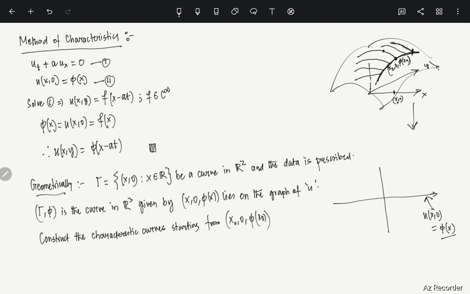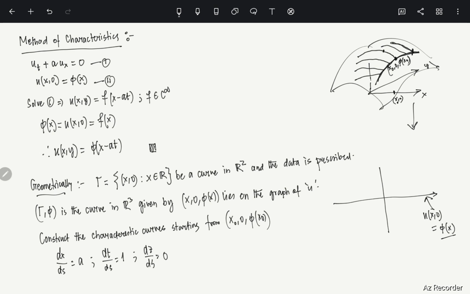Okay, so essentially what are we looking at? What is the characteristic equation? The characteristic curve solves this equation, right? dx by ds in our case is nothing but a. And dt by ds is nothing but 1, and dz by ds is 0.